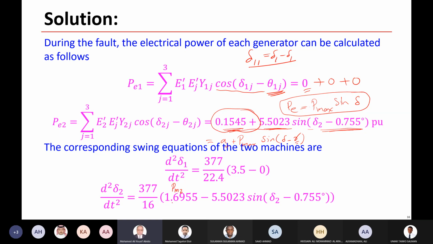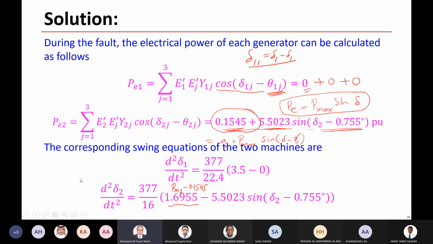So this is not B mechanical, but B mechanical minus this part. So this is the total or resultant real part here. So B mechanical 2 minus B electrical 2. So you end up with this swing equation.